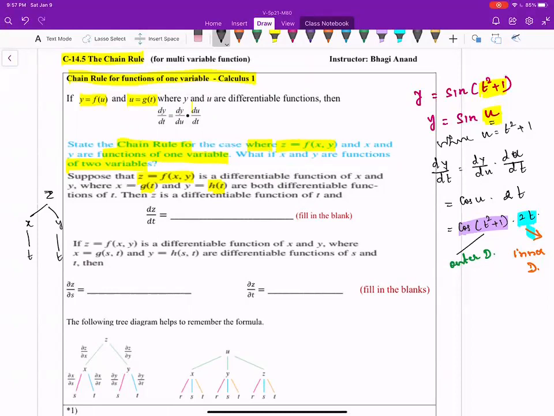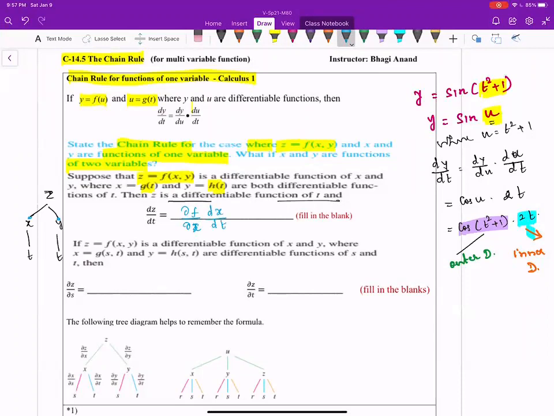So z is a differentiable function of t, and dz by dt is defined to be the partial derivative of f with respect to x, because at this point it's a function of two variables and you are differentiating partially with respect to x. So you use the partial derivative symbol, dou f by dou x, times dx by dt.